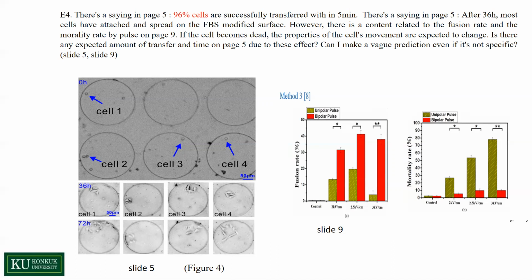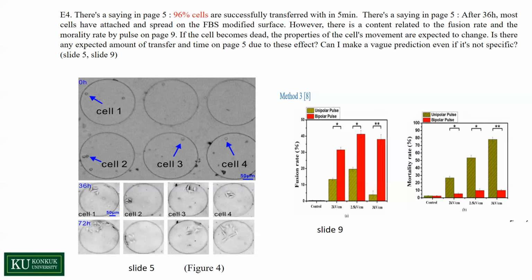But they cannot explain about the fusion. They just explain their fusion efficiency, and their fusion efficiency is around 20%. And I just relate this with my new method in terms of bipolar pulse.